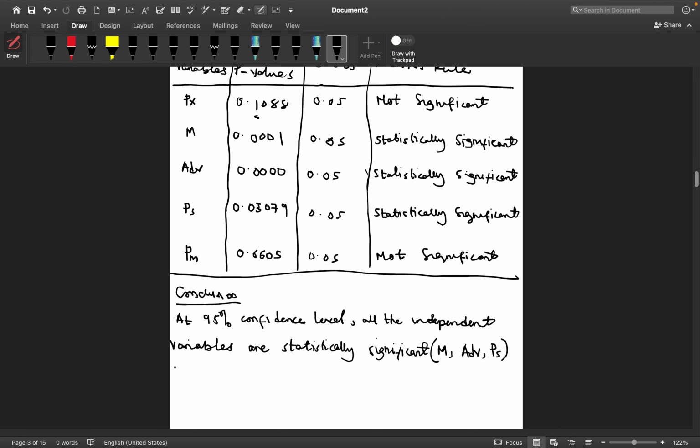With the exception of PX and PN, which are not significant.